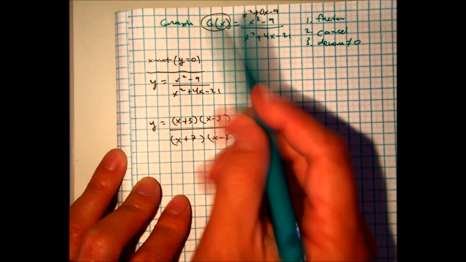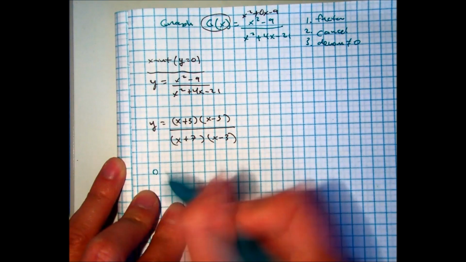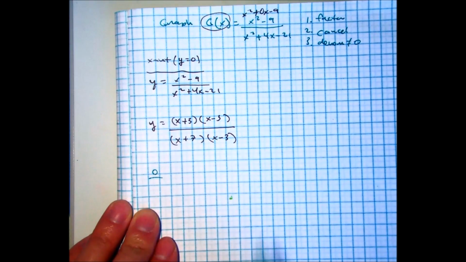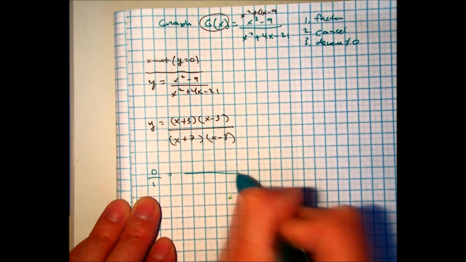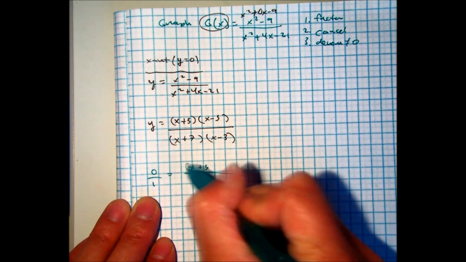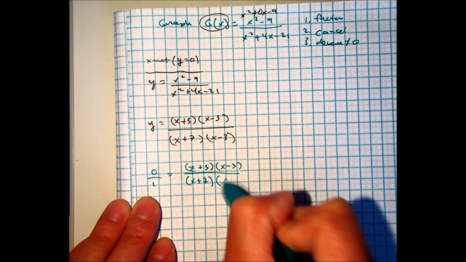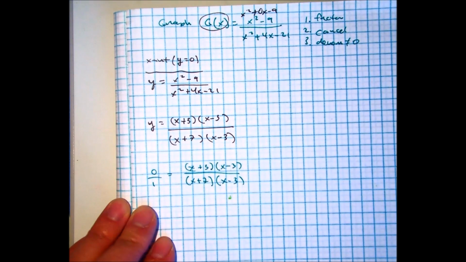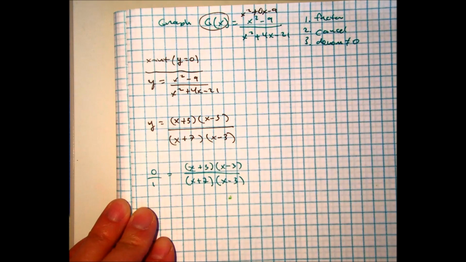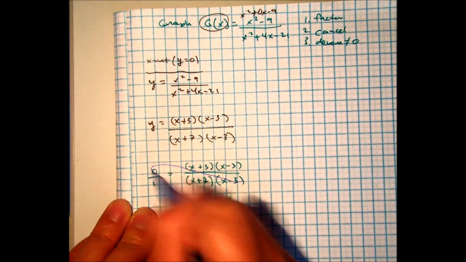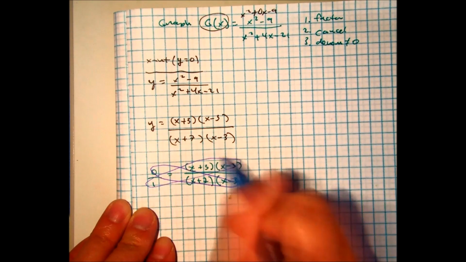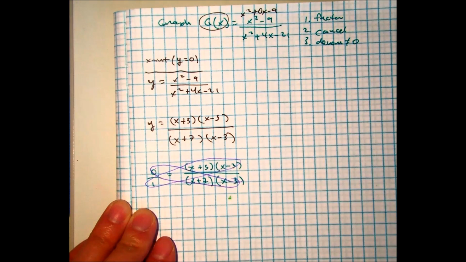So we're going to make my y variable 0. Make a 0 fraction by putting in 0 over 1. Okay. When you cross multiply this and this, 0 times anything is what? 0.